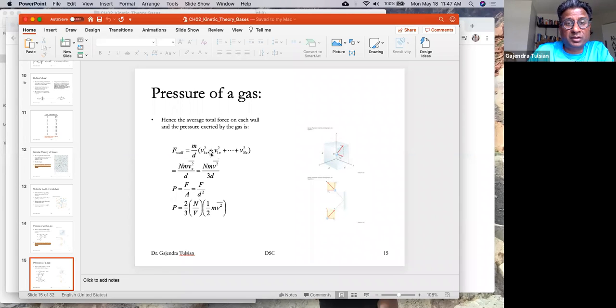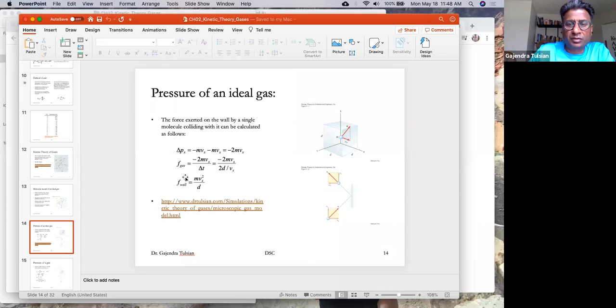If you take the magnitude, and this is just summing over all the molecules, you have N molecules in the gas, and d is the dimension of the box.